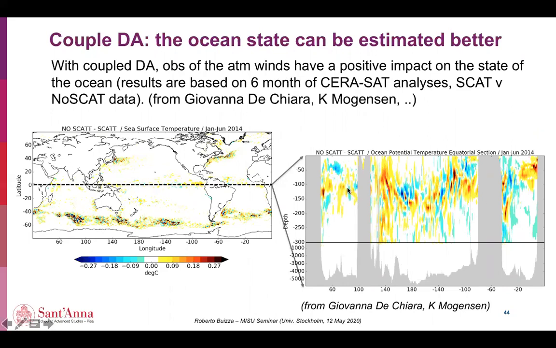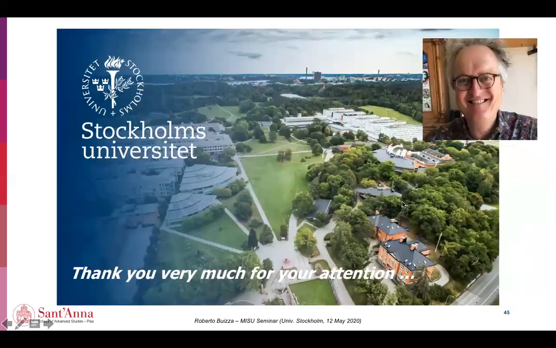This is the impact of assimilating scatterometer data on the state, in this case the potential temperature, of the ocean. As you can see, if you have a good coupled data assimilation system, you can propagate the signal coming from the atmosphere and the ocean surface into the deep ocean.